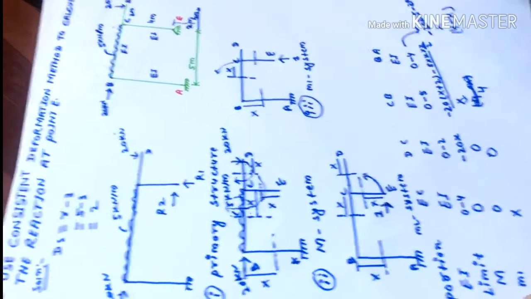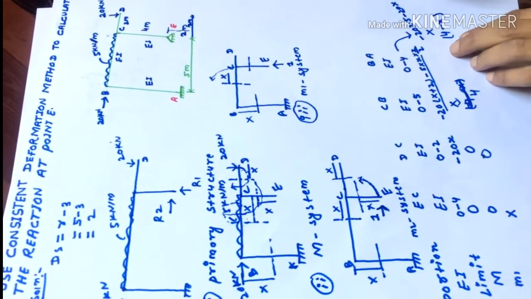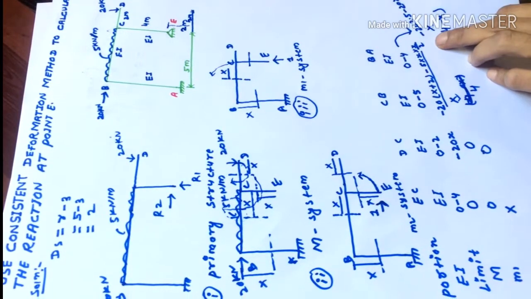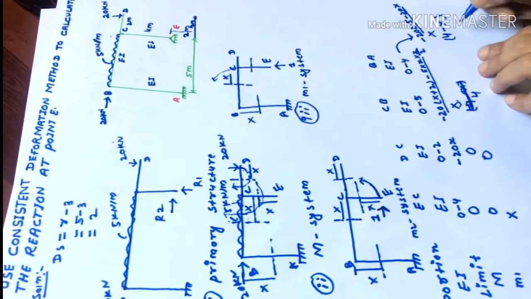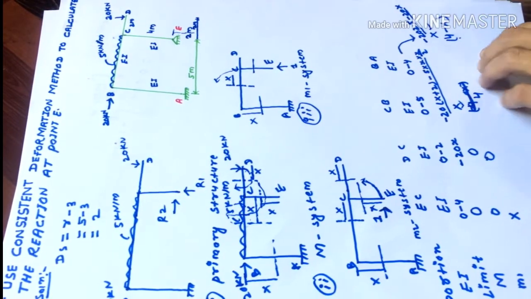In the table we can also see for portion BA the moment M is this and the M1 moment is x. The limit is 0 to 4.